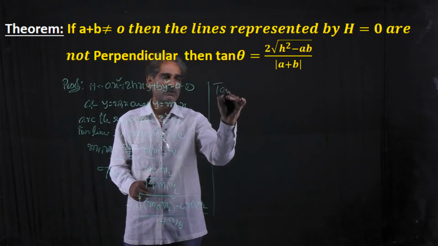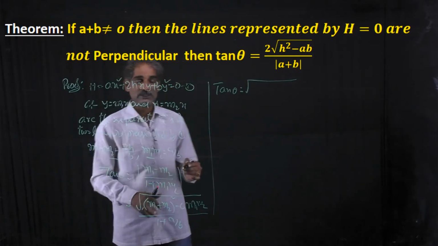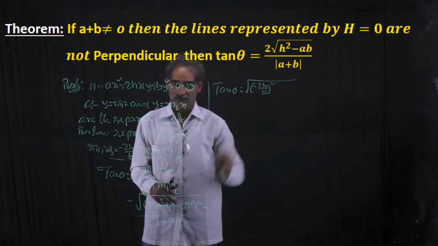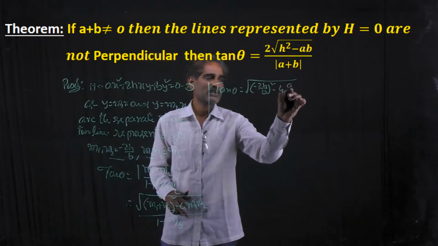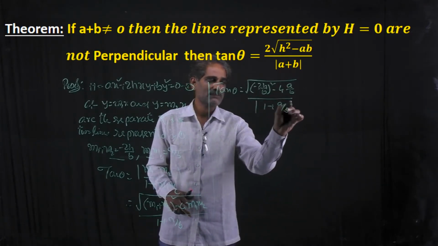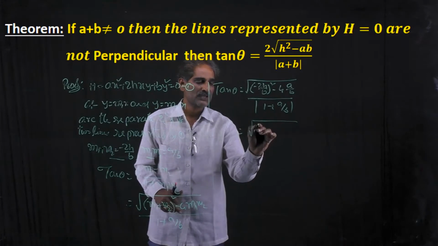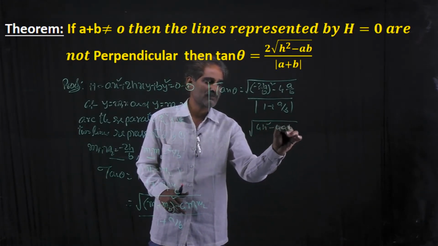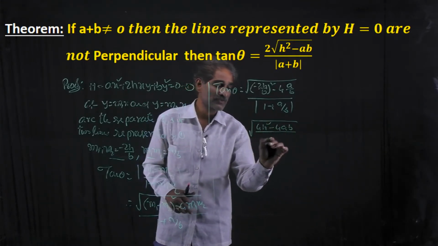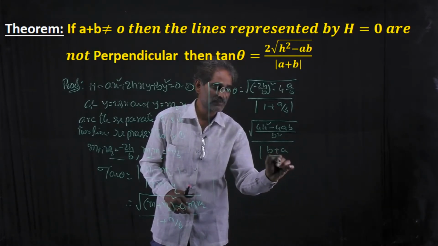So tan theta is equal to square root of minus 2h by b whole square minus 4 into a by b, whole divided by 1 plus a by b. Now this we can write as 4h square minus 4ab whole divided by b square, under root, by b plus a by b.